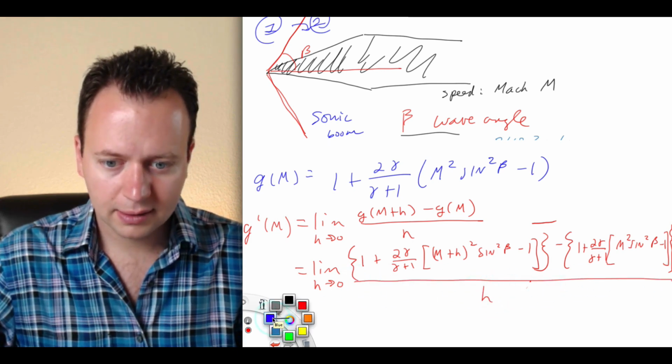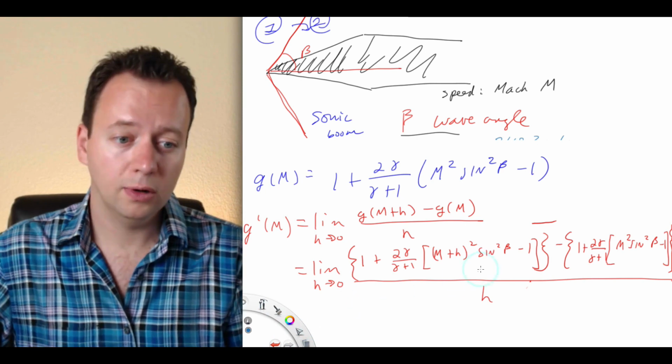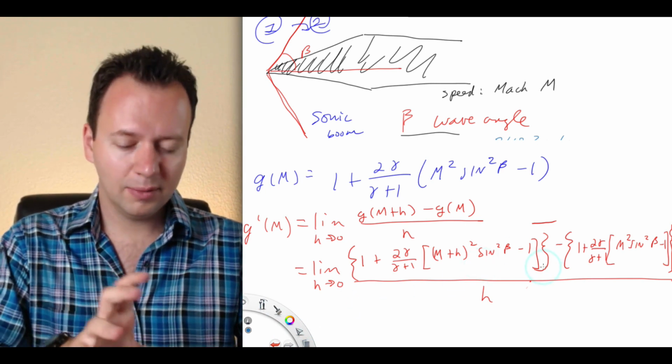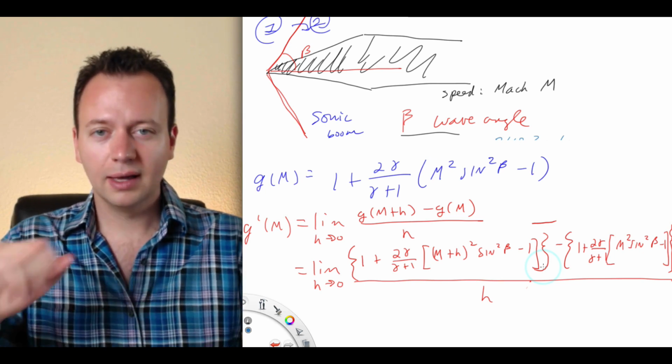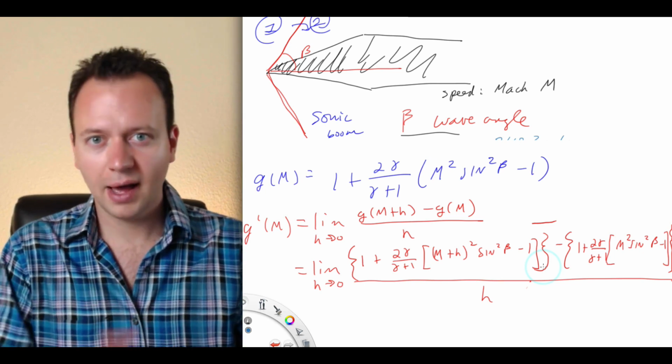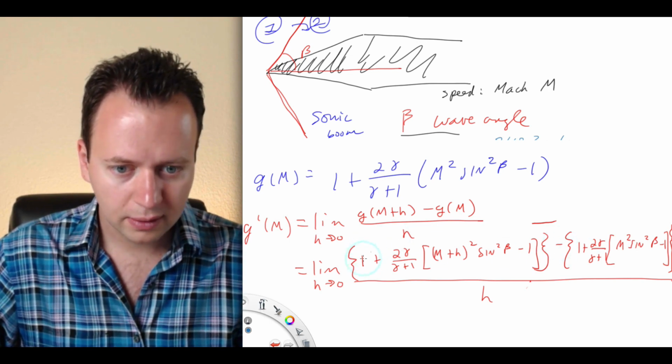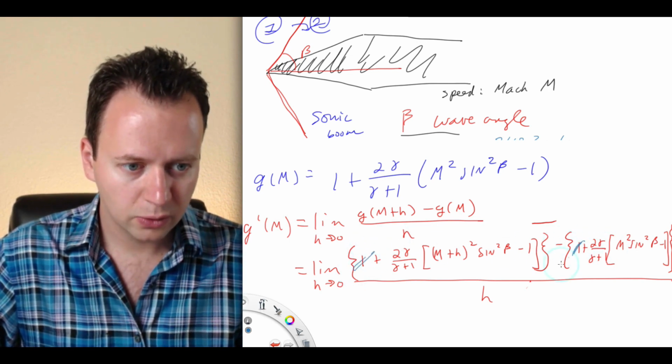Now let's set up our game of war. With the limit definition of the derivative, we write down our expression, see what cancels, simplify, and take the limit. First of all, I have 1 minus 1, so this cancels with that.